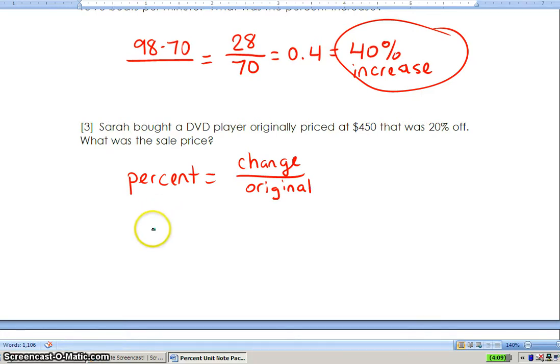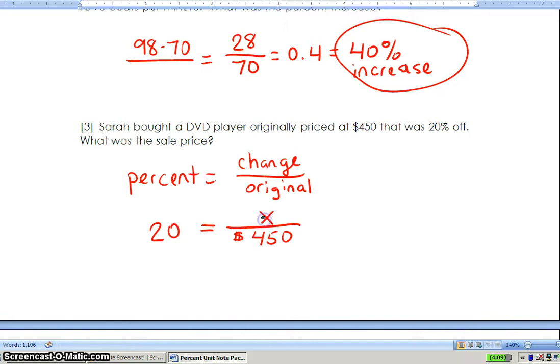Yes, we do. We know that this is 20%. So, do we know how much it changed? Nope, that's what we're finding, but do we know our original? Yes, we do. We know $450.